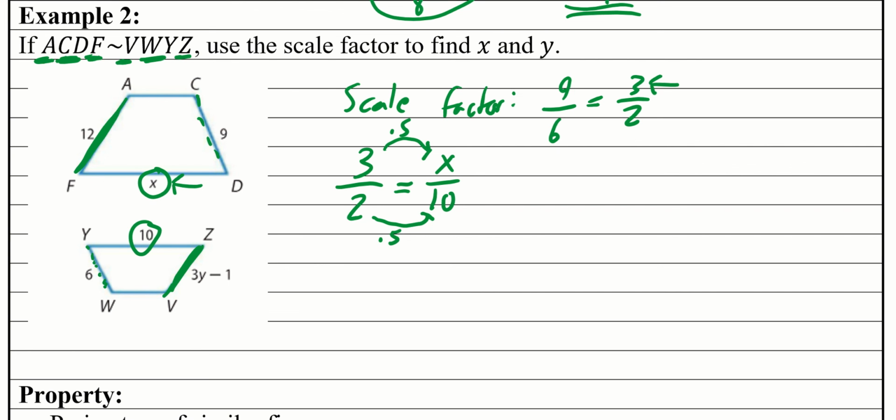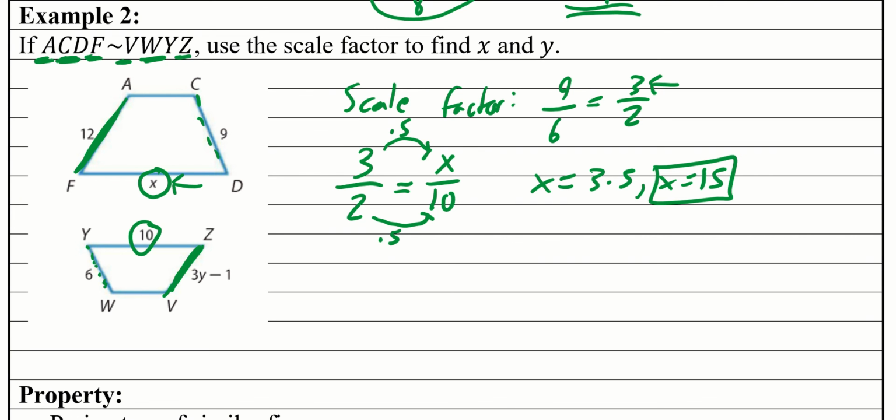I have to multiply by 5 as well. So X equals 3 times 5, so X equals 15. That's one quick thing you can look for. If you know what number you need to multiply by to go from the left to the right, do that. Again, don't do that with adding or subtracting. That does not work. So we solved for X.